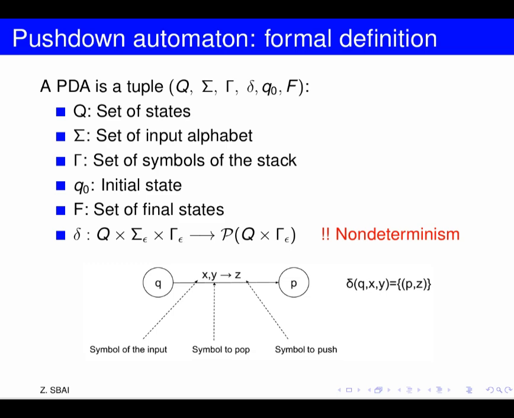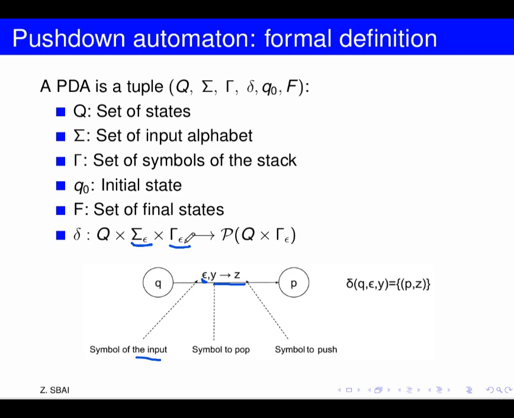Okay, also we have used here sigma epsilon and gamma epsilon here. Why we used epsilon here? Because we will allow for a transition without consuming any symbol of the alphabet. So if we write here epsilon, it means we will take this transition without reading from the input.